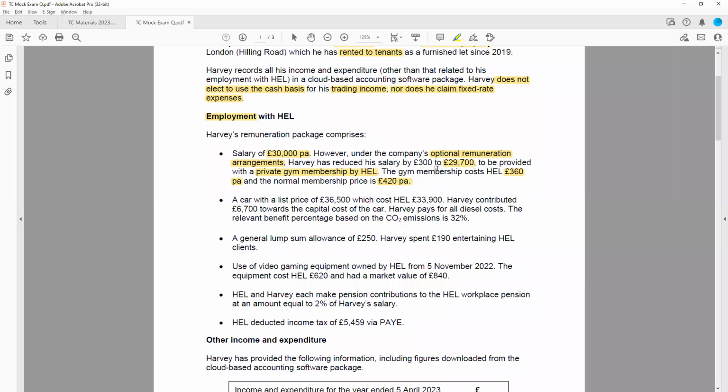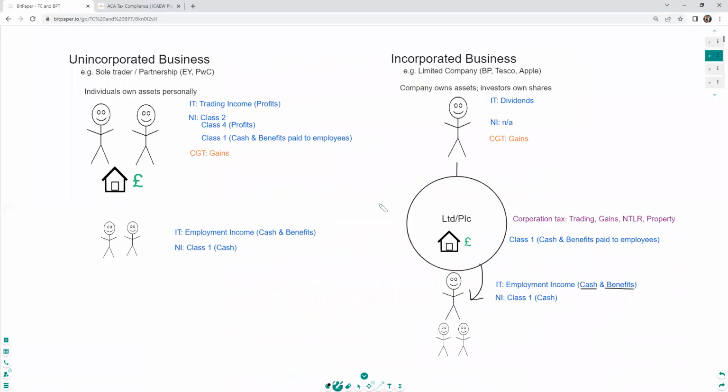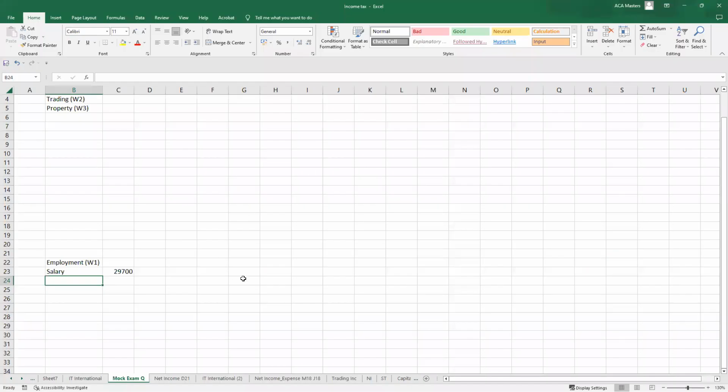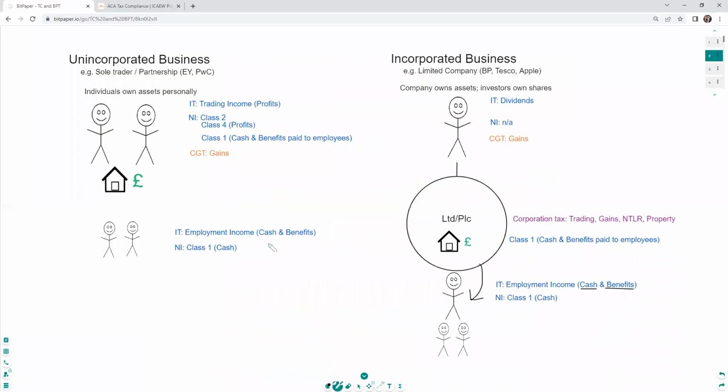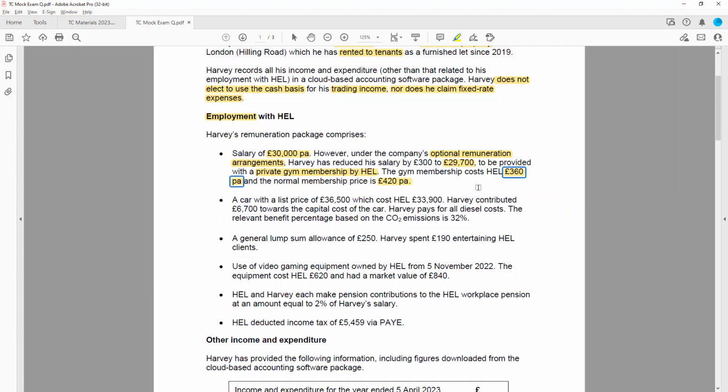So the default position: cost to the employer, £360, not what the normal membership price is. It's the cost to the employer. And you can see in this case, they're not the same. And there's other examples which we went through in the employment class when of course they wouldn't be the same. So if they give him that benefit, that's what's usually taxable.